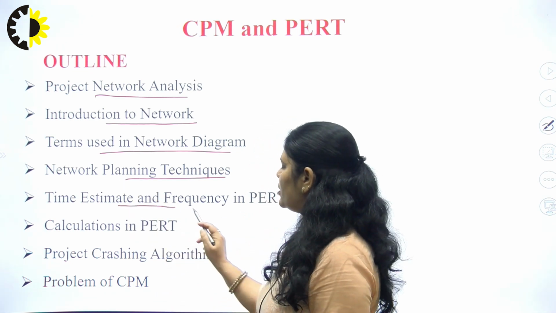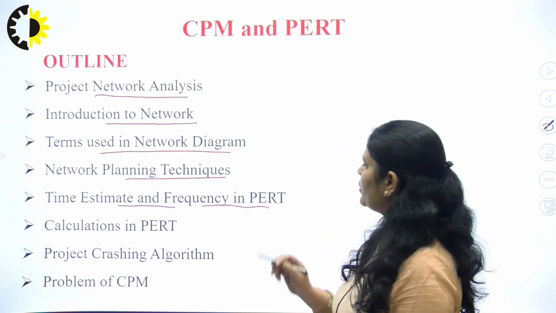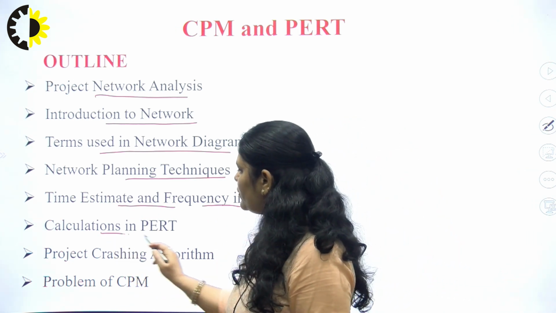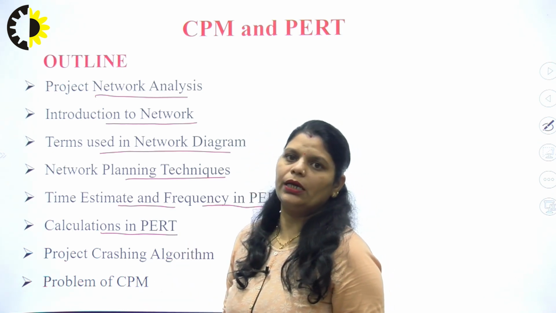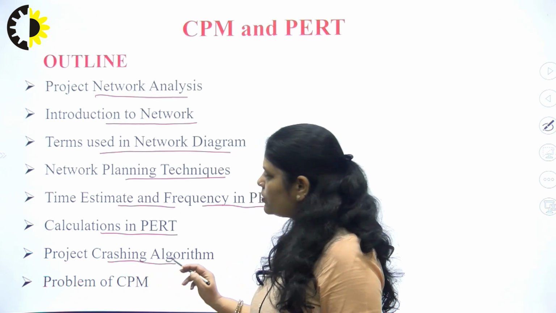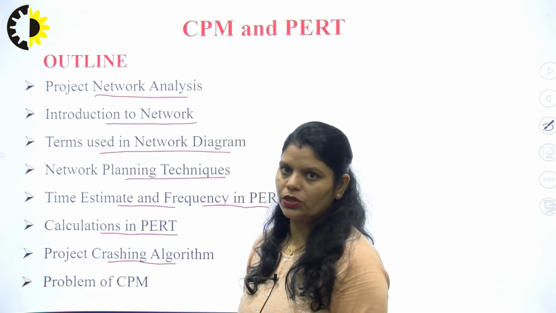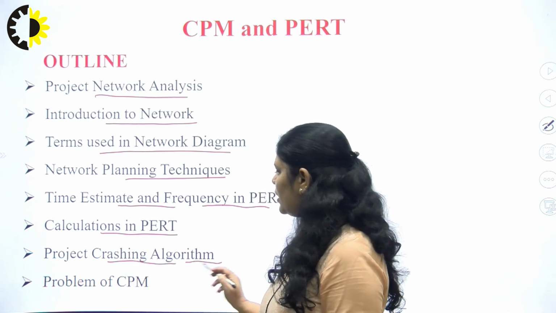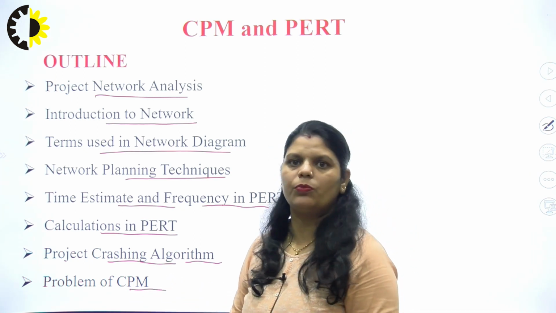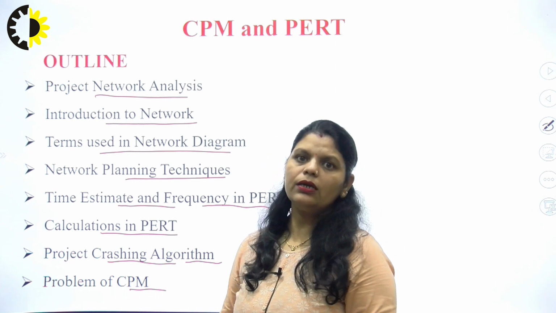Then time estimate and frequency in PERT will be discussed. After that, we will see how we can do the calculations in PERT. Then we are going to discuss project crashing and the algorithm associated with it. And last, we are going to discuss the problem based on CPM.